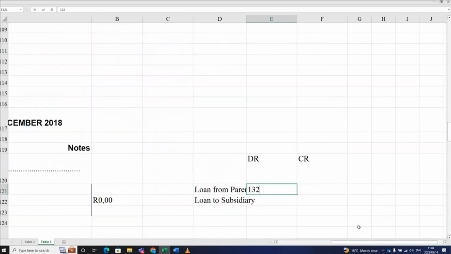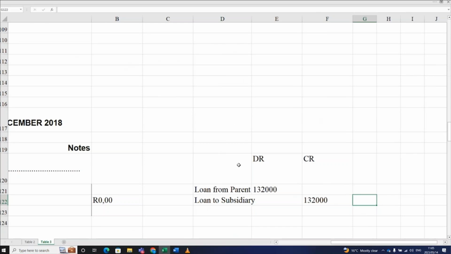So you would have that 132,000 and 132,000. So in your consolidated financial statements, this line item would not exist. But in the separate books, it was obviously sitting there, hence why you have to eliminate it.